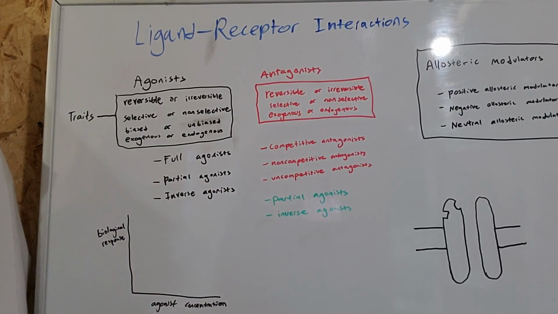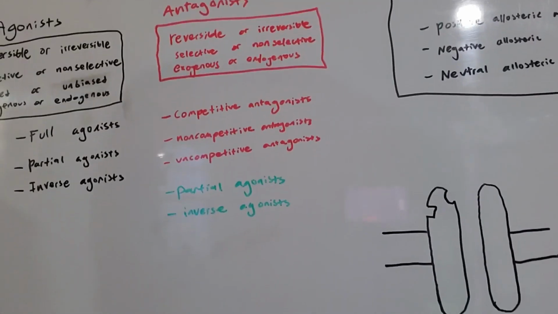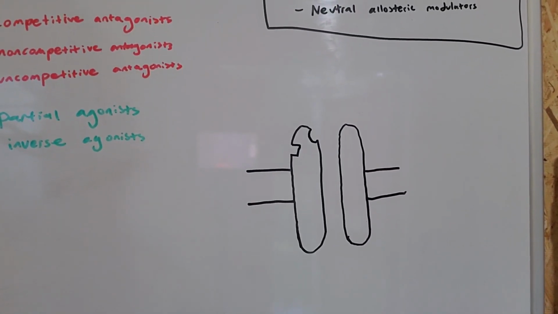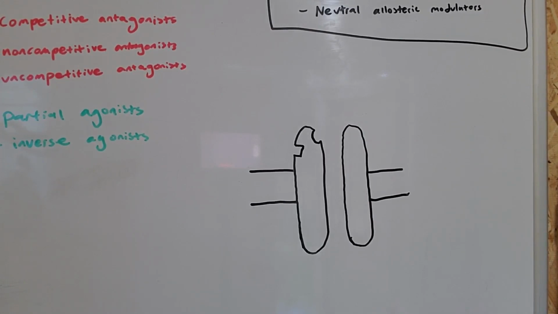So what a ligand does is it associates with the receptor. Right here I just drew an unnamed receptor. It looks to be ionotropic, but that's irrelevant here.